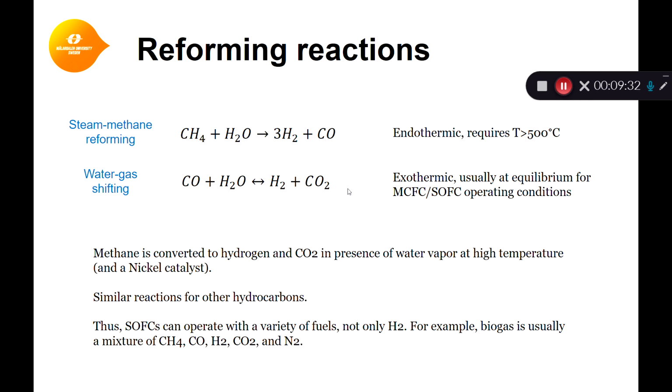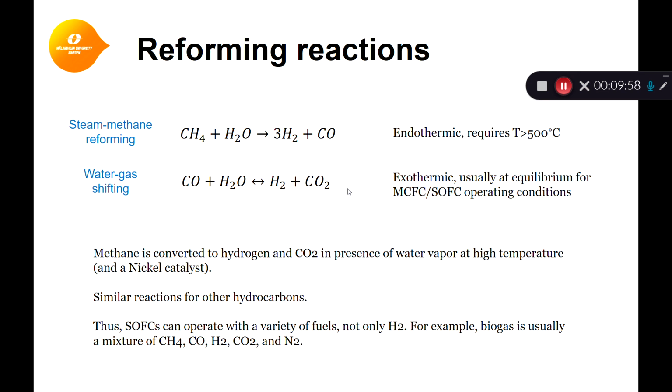One last point that we will touch in this module is about reforming reaction. There are 2 reactions that can occur at high temperature above 500 degrees C, usually in presence of a catalyst. These reactions are used to convert methane into hydrogen.